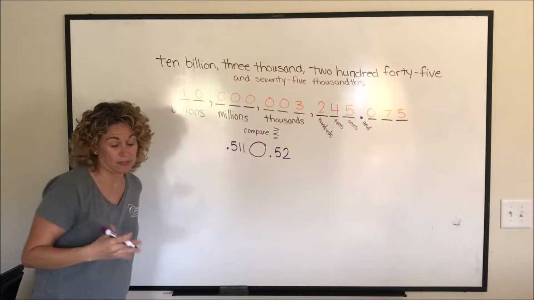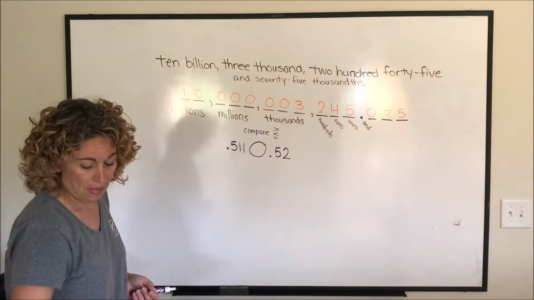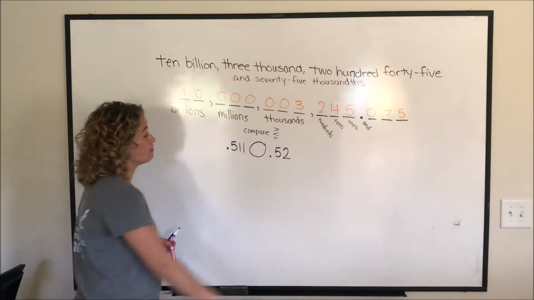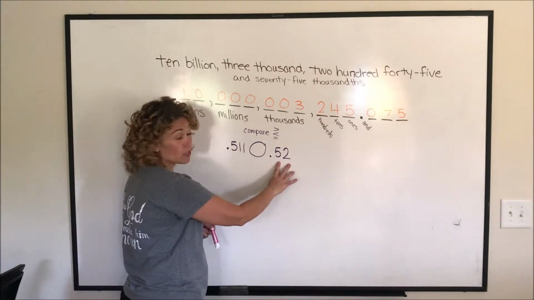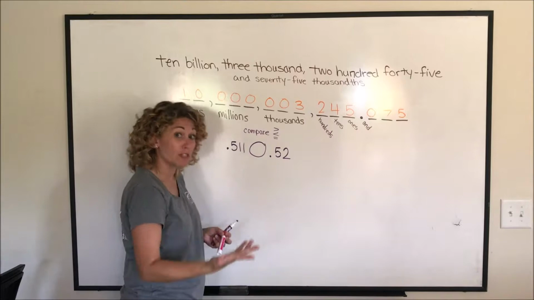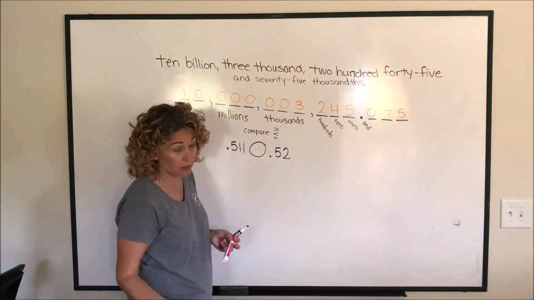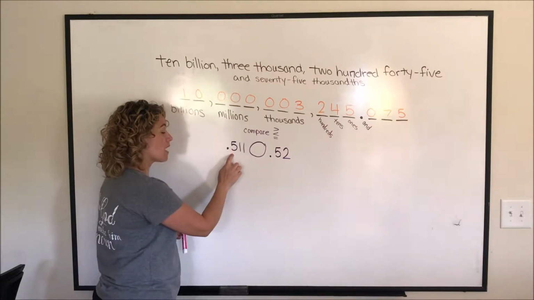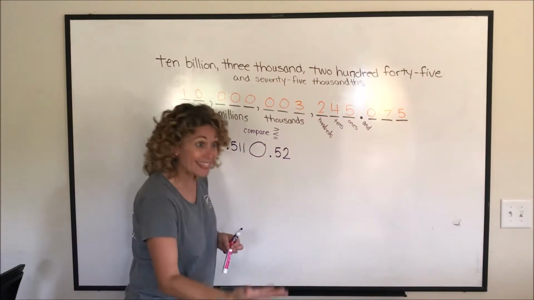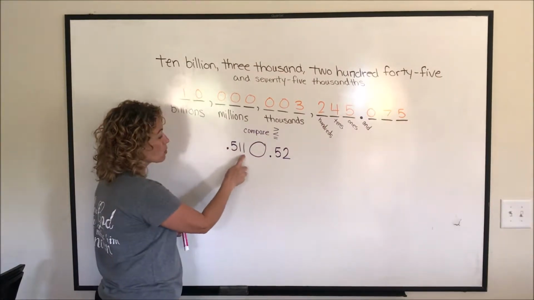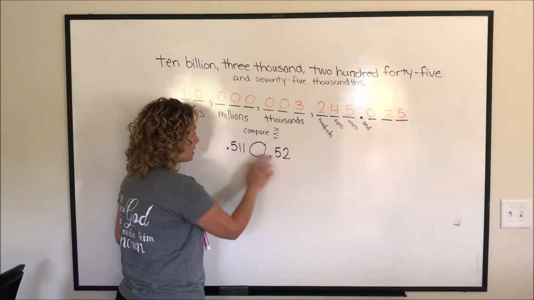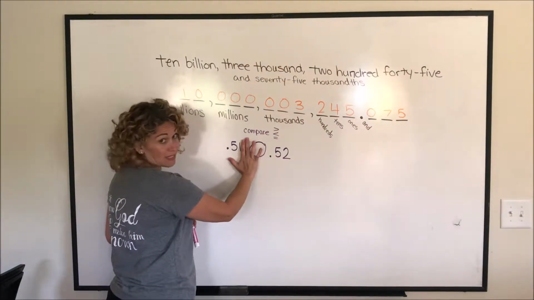Those are your choices, okay? When you compare these numbers, again, I like to think money. This says 52 hundredths, which means 52 cents, 52 out of 100. This is 511 thousandths.